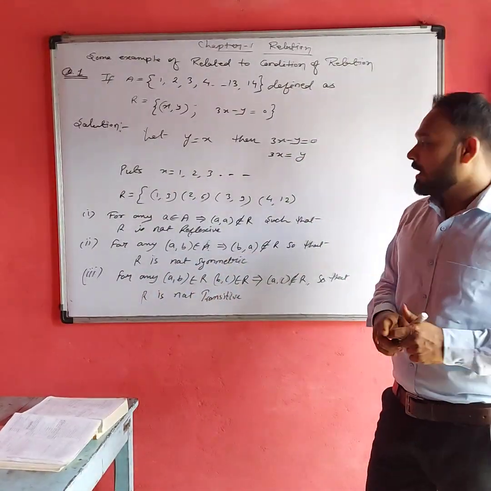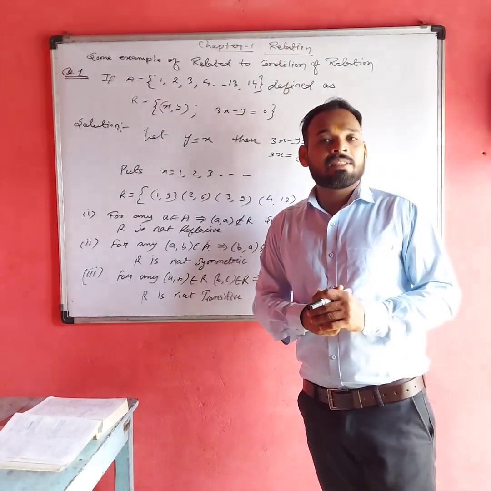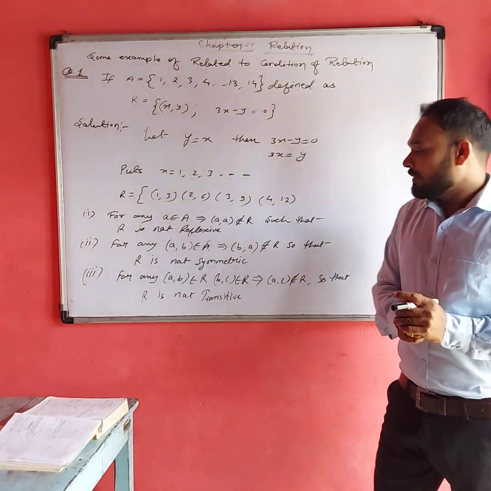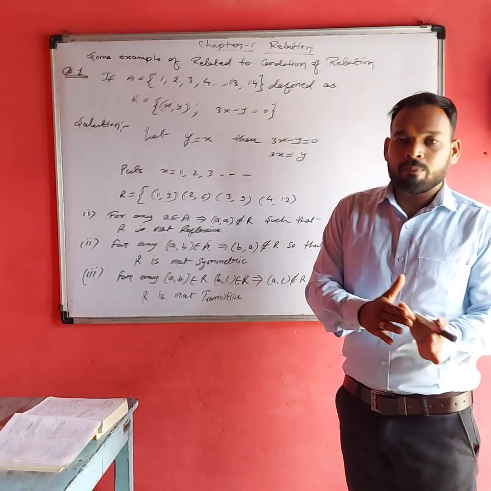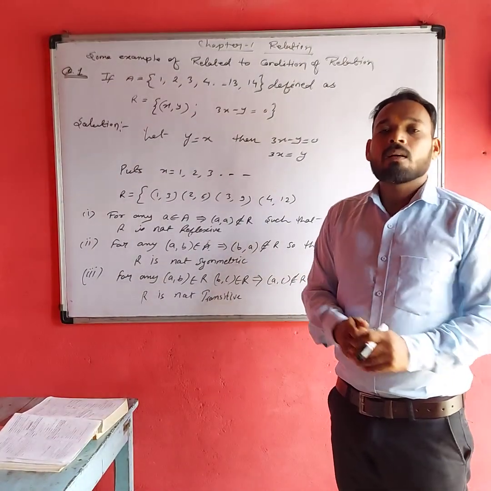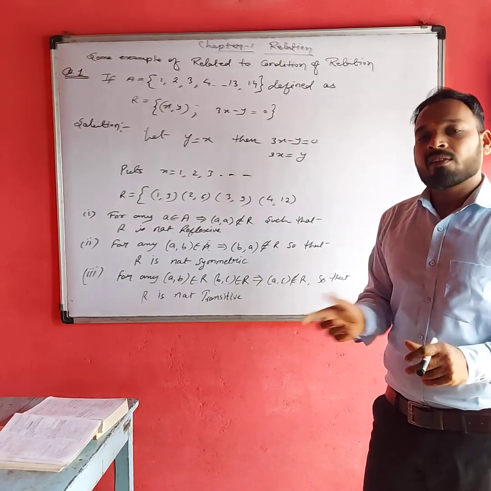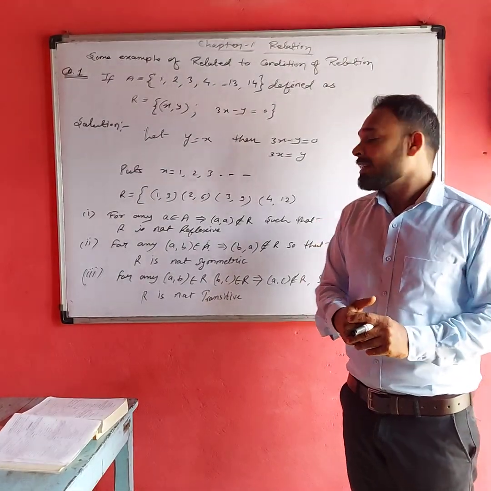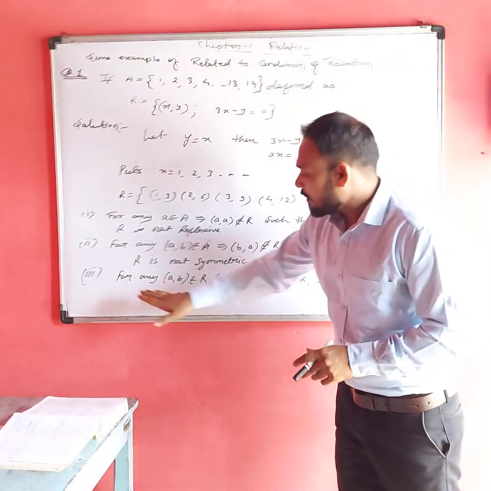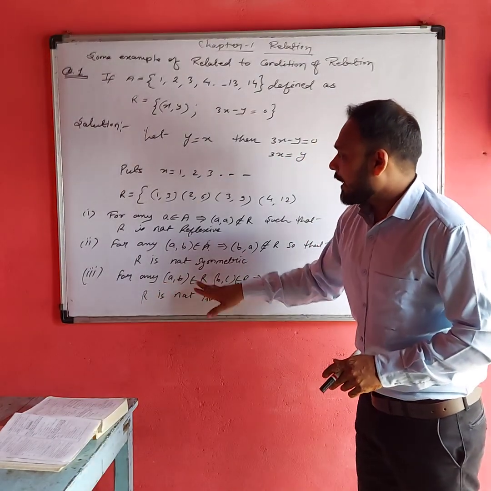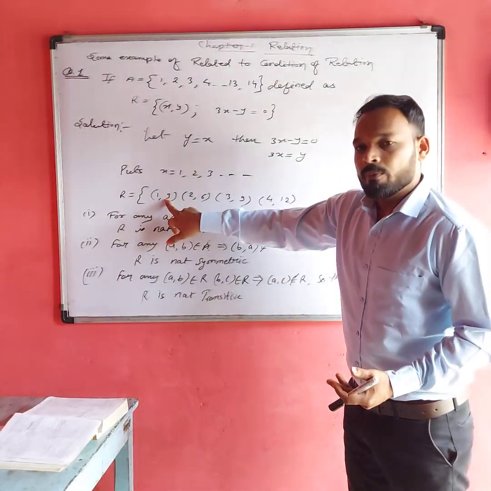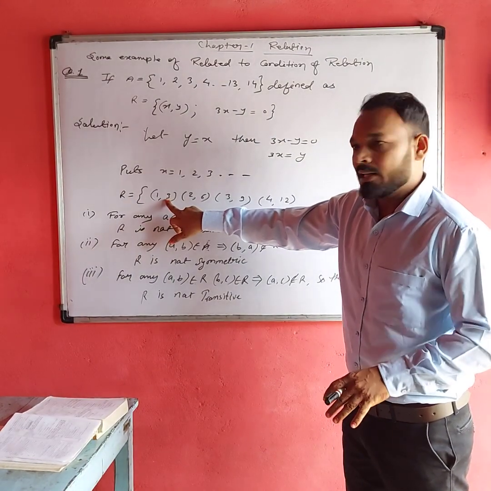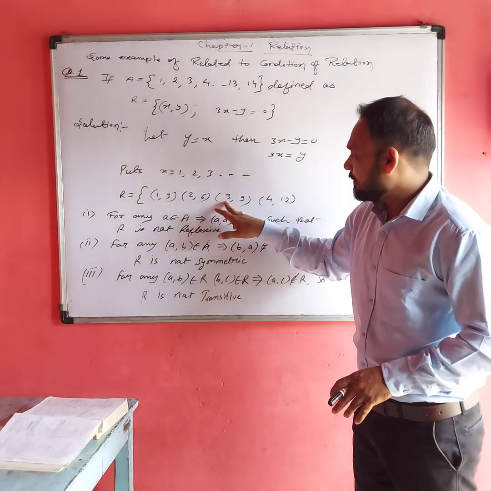The last condition is transitive. For transitive, if (a, b) belongs to R and (b, c) belongs to R, then (a, c) must belong to R. Here for (a, b) belonging to R, suppose (1, 3), and secondly b here is 3, so (3, 9).